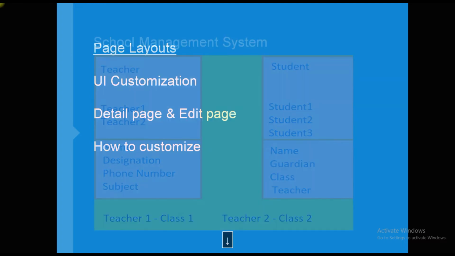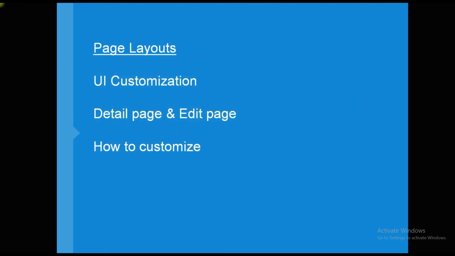So next is the page layout. What is a page layout? A page layout is a UI where the user can enter data directly into the object. That means entering data and making it available to the user is decided by the page layout. There are basically two types of page layout: one is the detail page and one is the edit page.